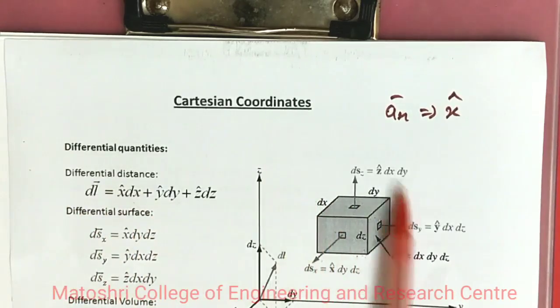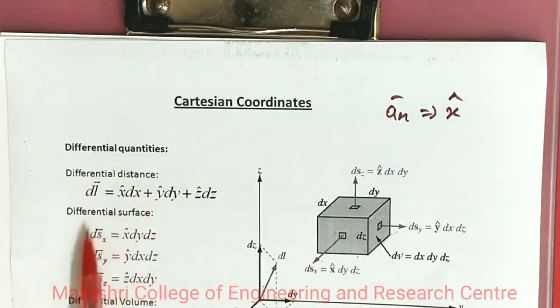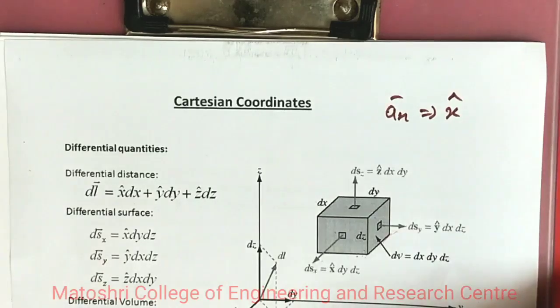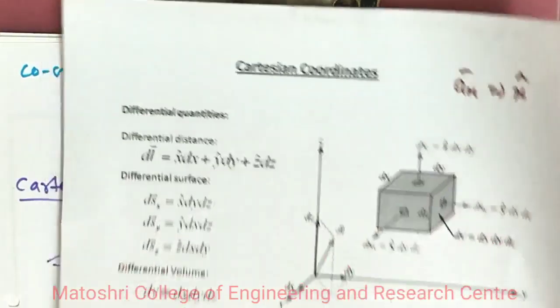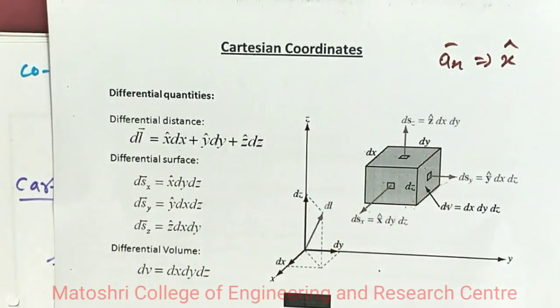Now this differential volume has 6 faces, so it carries 6 surfaces, specified as dx dy, dx dz or dy dz. But a differential surface is a vector, and a vector should have magnitude as well as direction. So for these differential surfaces we should specify the direction, and the direction of the surface is always outward.